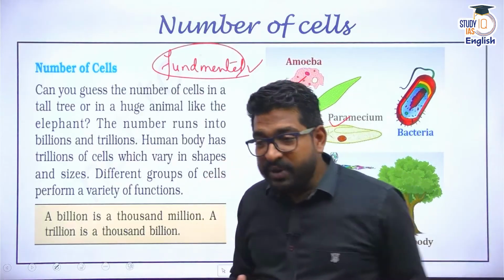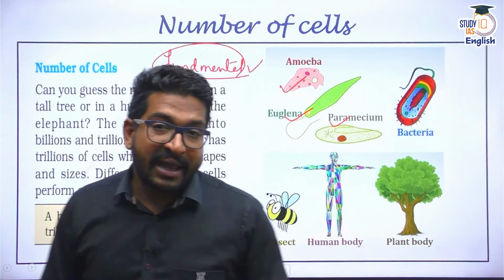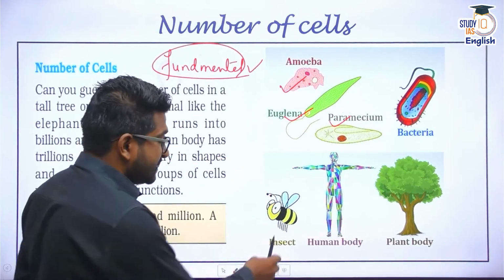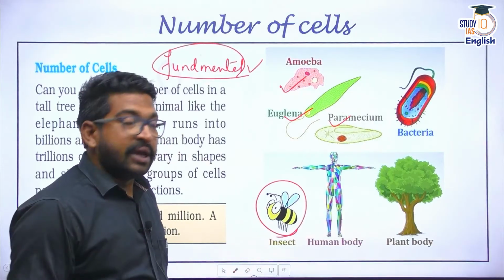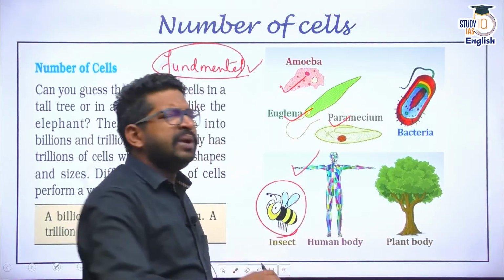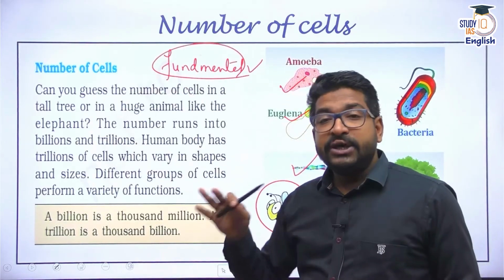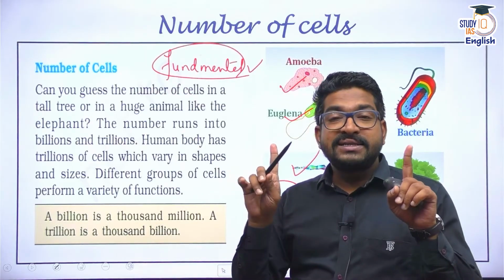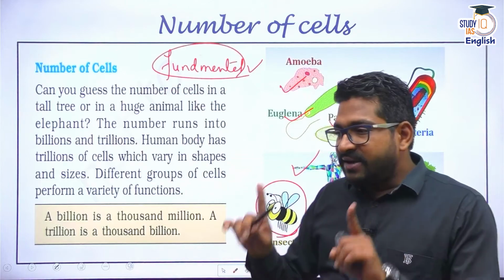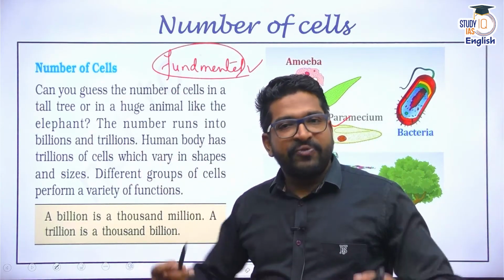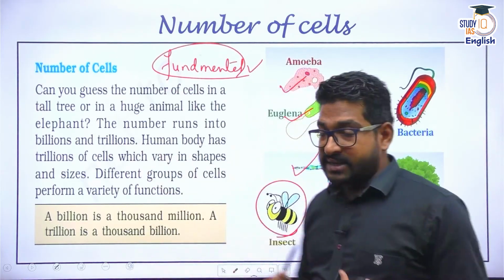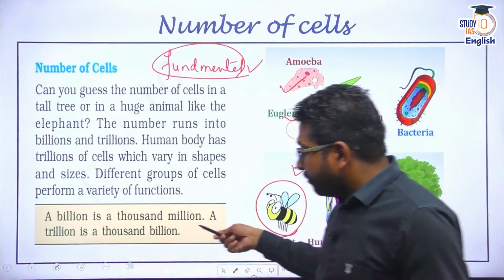But for human beings and for other complex organisms, even insects, which are also multicellular organisms, the body is composed of billions and billions of cells. So in terms of number of cells, a unicellular organism has a single cell, and that cell defines its life. But for multicellular organisms like us, our body is composed of billions of cells.